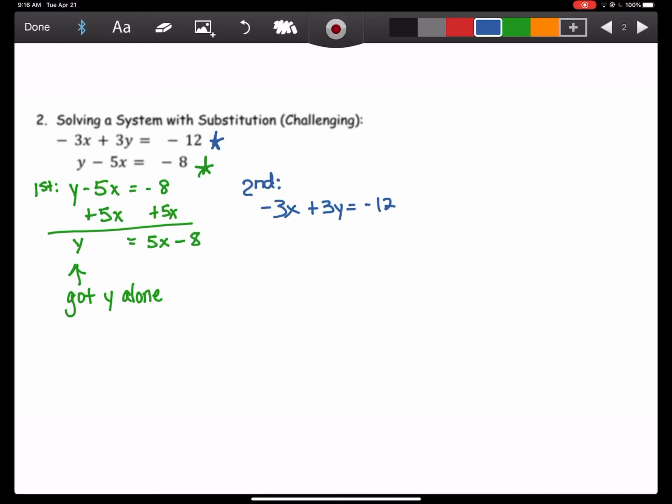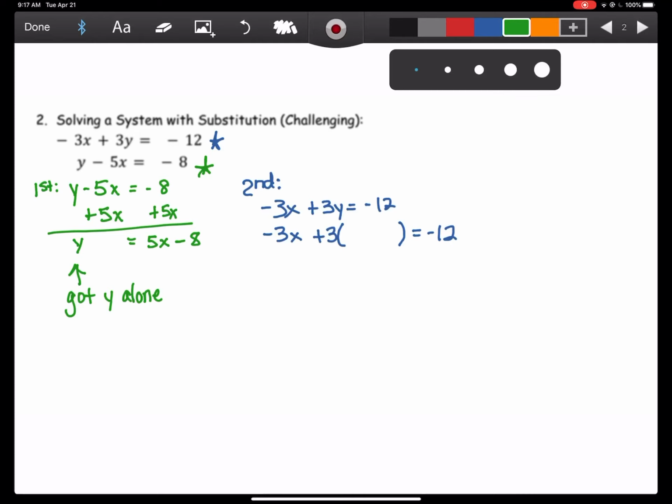And we're going to substitute what we know. So we know something about y. So I'm going to spread out my parentheses nice and wide. And then I'll use what I learned about y. So I'm going to take this and substitute it. 5x minus 8.